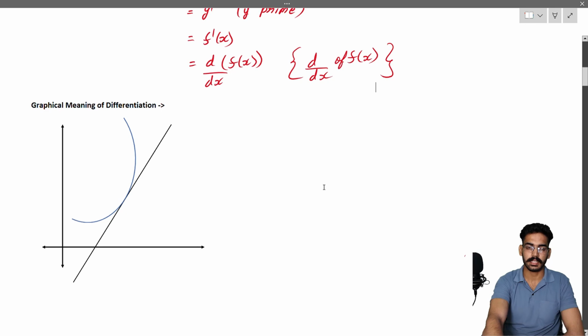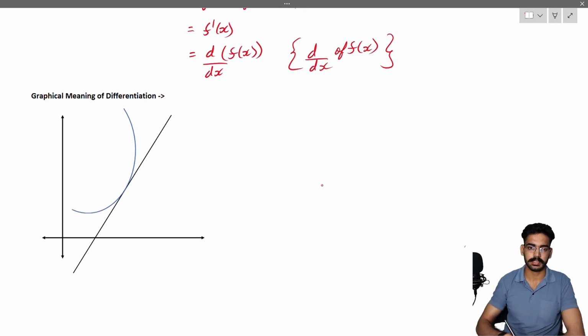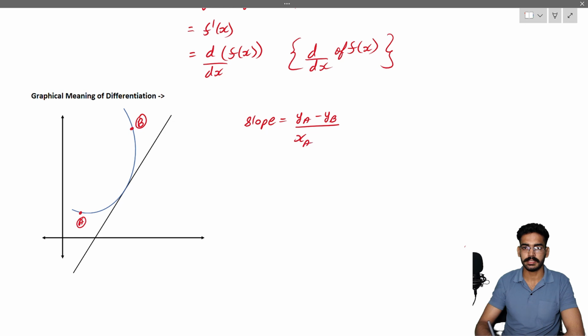Now let's understand graphically how we can come to this dy by dx. Previously I assumed a point A here and a point B here, right? The slope we wrote was ya minus yb divided by xa minus xb.